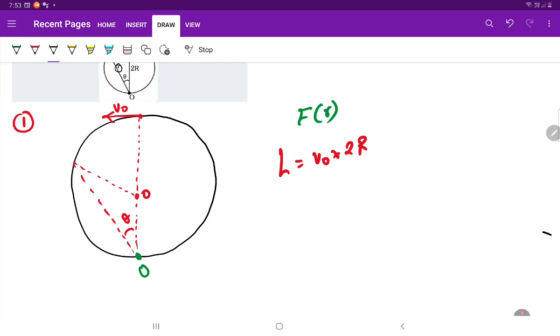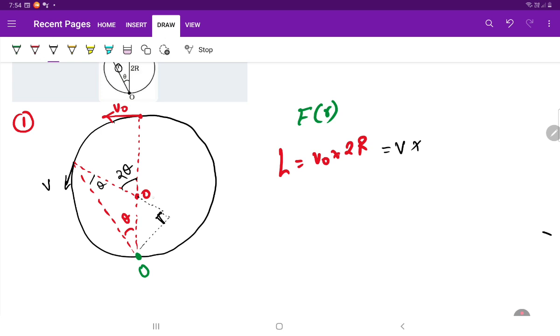Can you tell me what is the new angular momentum? The new angular momentum will be the same as the old angular momentum, so the velocity must change. Let it be v, which can be written as v into the perpendicular distance. Now, what is the perpendicular distance? Suppose this be a right angle, and this is another theta, so this will be 2 theta.